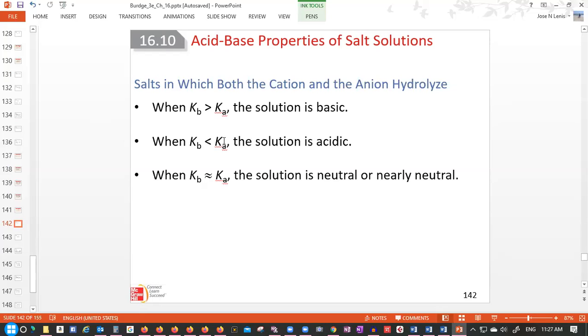That means Ka is bigger than Kb. When the two dissociation constants are about the same, that means the solution will be neutral or close to neutral.